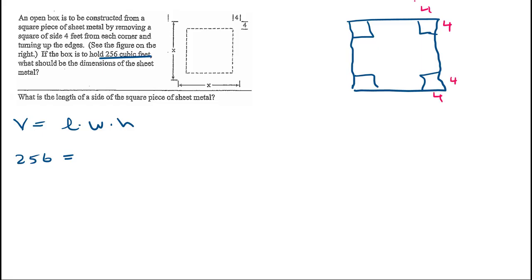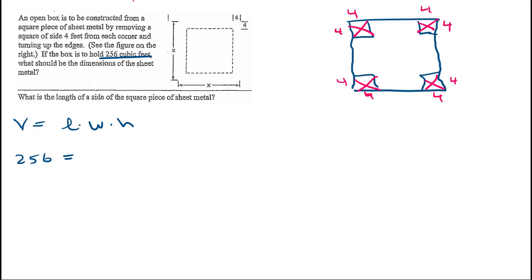All the way around, it's 4 feet by 4 feet. So that means I'm cutting that out. I'm taking all these corners out. Getting rid of those. So that means I'm going to have just this white space right here. It's like a little plus sign. That's what's going to be left over of that sheet metal.